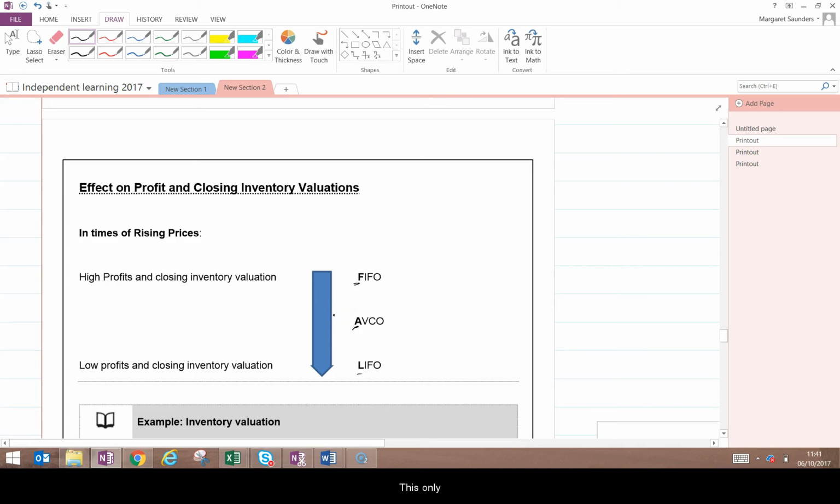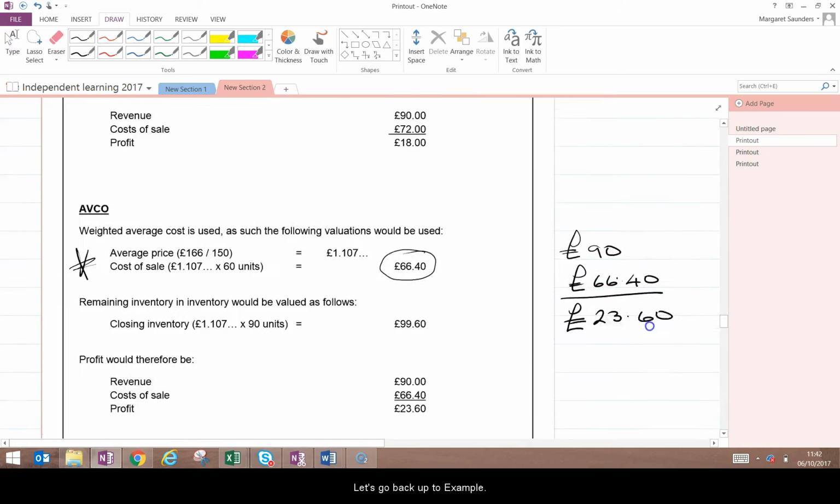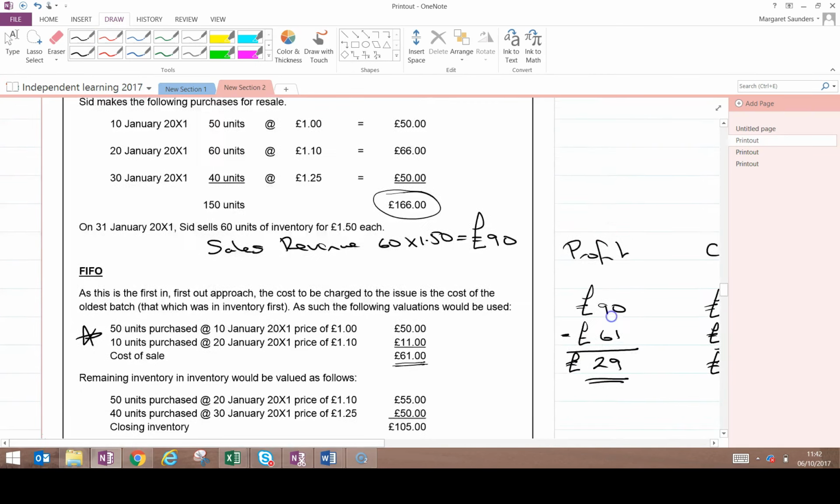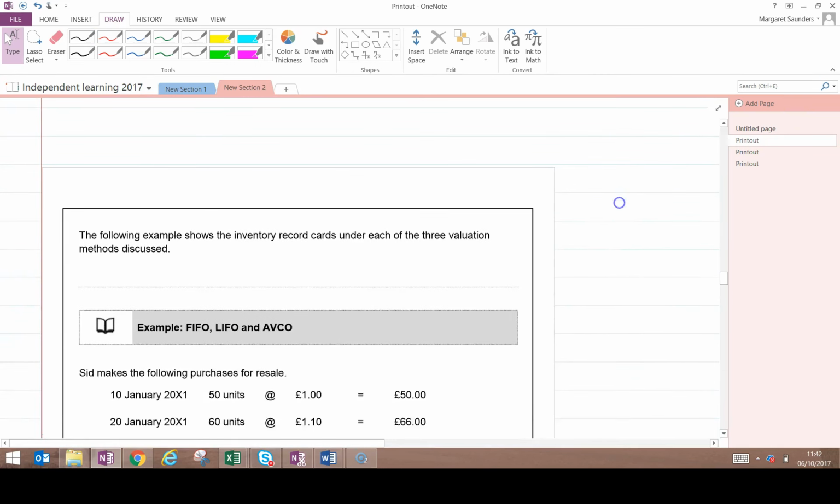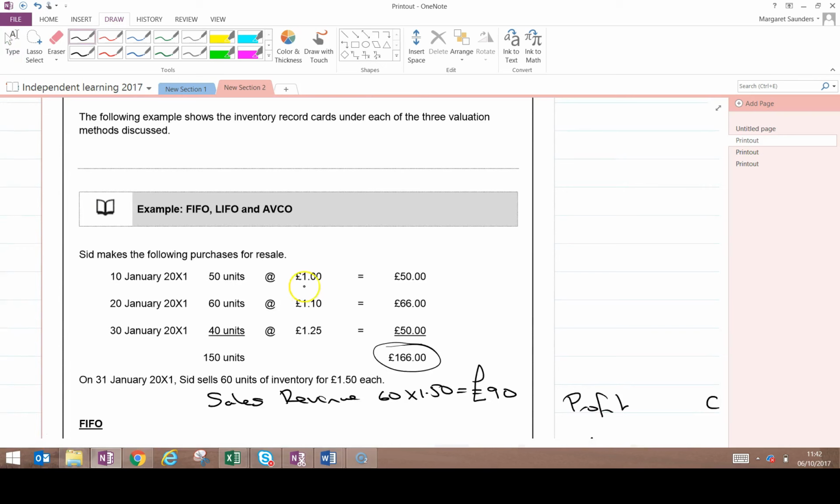Now this only happens when we have rising prices. So what do we mean by rising prices? So let's go back up to our example. Each transaction that has taken place has resulted in a higher price being paid for the unit. £1, £1.10, £1.25.